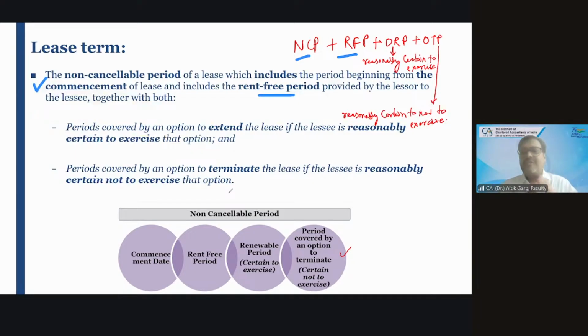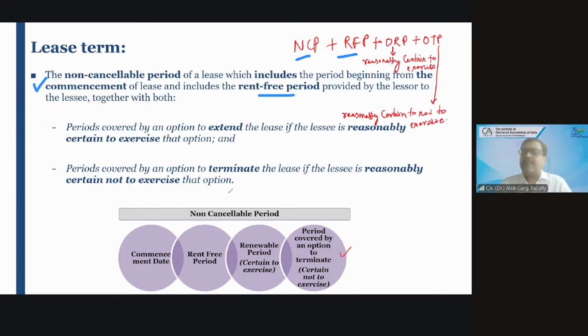Sir, non-cancelable period, we understood, is the period in which the lease cannot get cancelled. And if the lessee wants to cancel the lease, the lessee has to pay the full money to the lessor. This is the meaning of the non-cancelable period, correct? Yes. Okay.